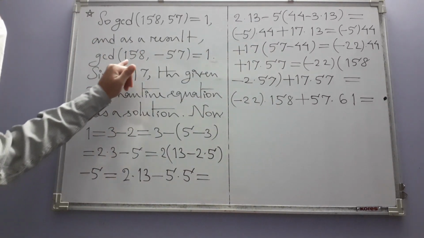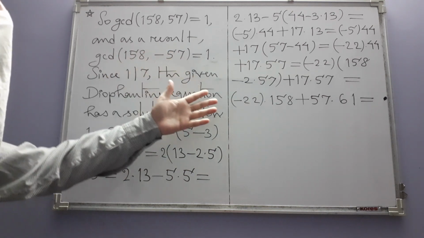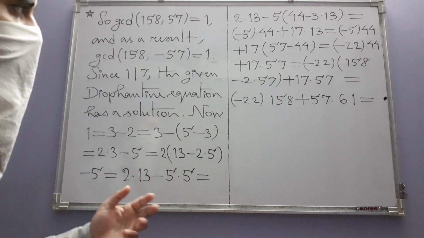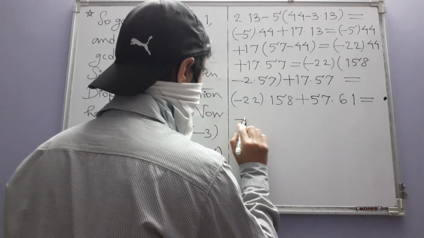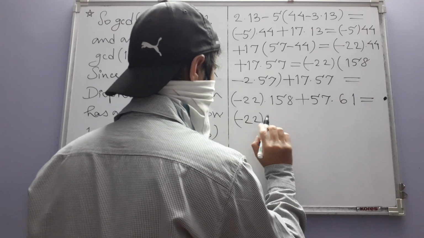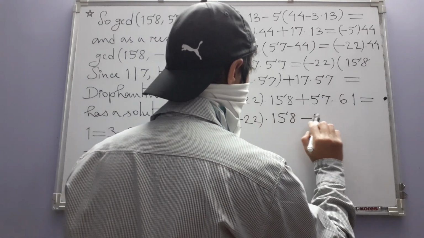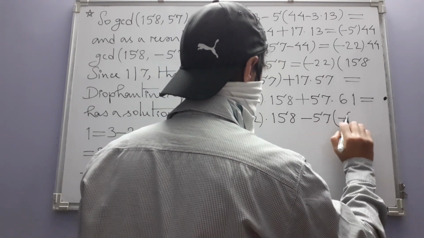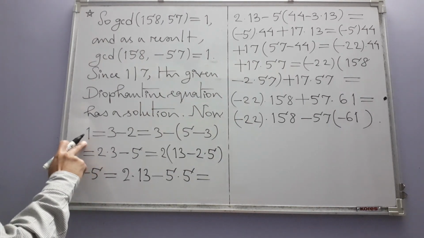Our original equation is 158x minus 57y. So in order to bring it into that form, we write this. Okay, so that is equal to 1.